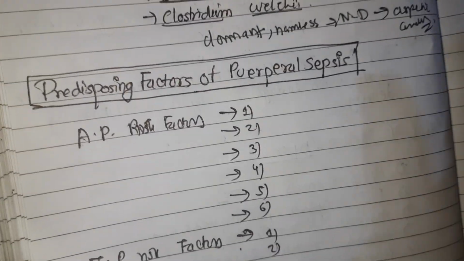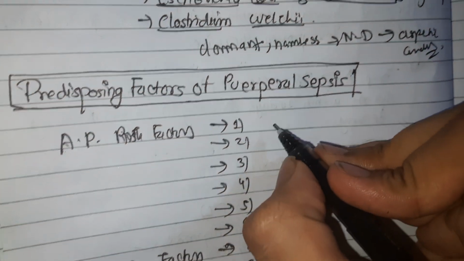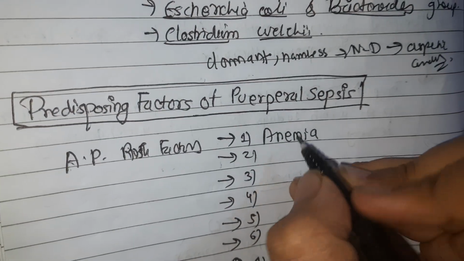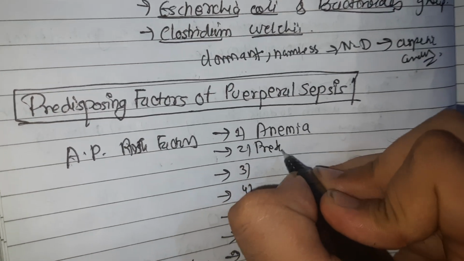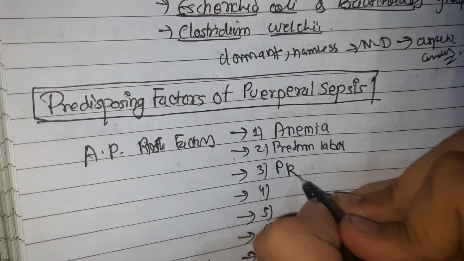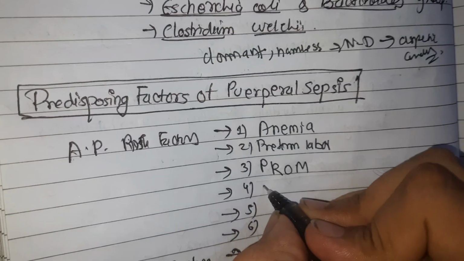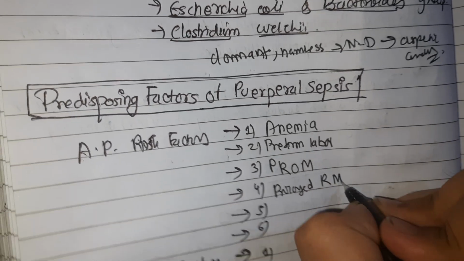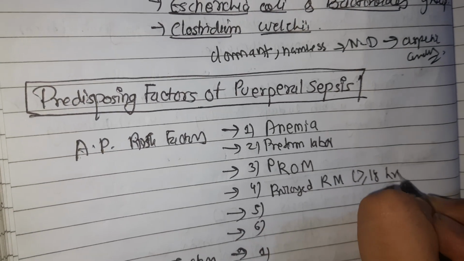So we have various antepartum risk factors for puerperal sepsis. One is anemia, and secondly preterm labor. Next is premature rupture of membrane, and prolonged rupture of membrane of more than or equal to 18 hours.